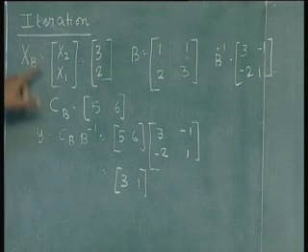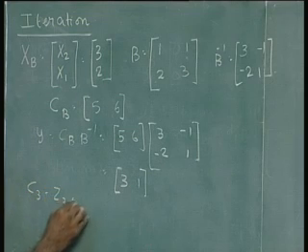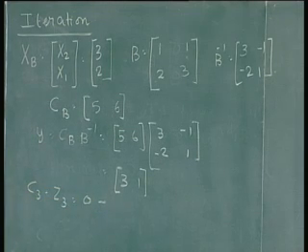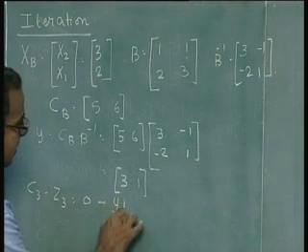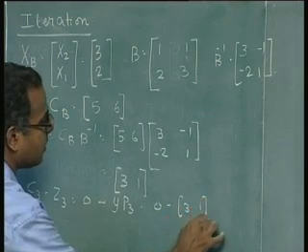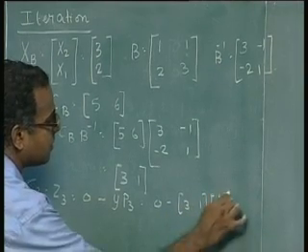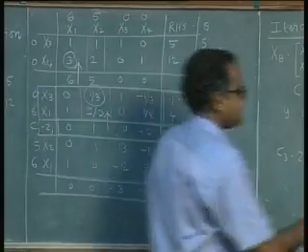Now, to verify whether this is optimum, we need to find out C3 minus Z3 and C4 minus Z4. So, C3 minus Z3 is 0 minus, C3 is 0, Z3 is y P3, which is 0 minus 3, 1, 1, 0, P3 is 1, 0, which is here. So, this would give us minus 3.